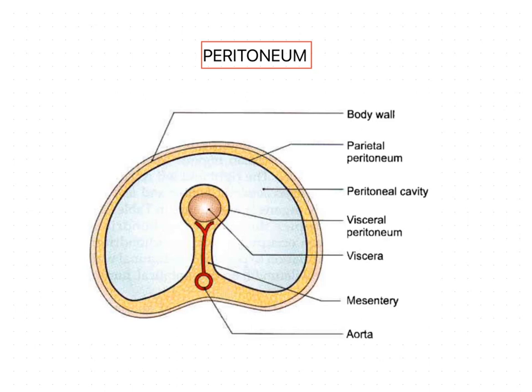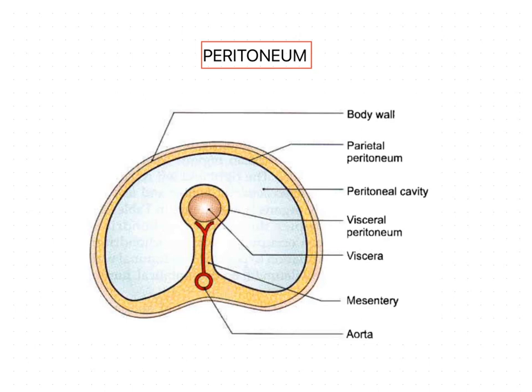The peritoneum is a Greek word which means stretched over. This peritoneum is a large serous membrane lining the abdominal cavity. The space inside the abdominal wall forms the abdominal cavity.